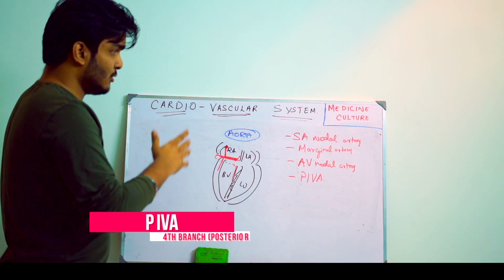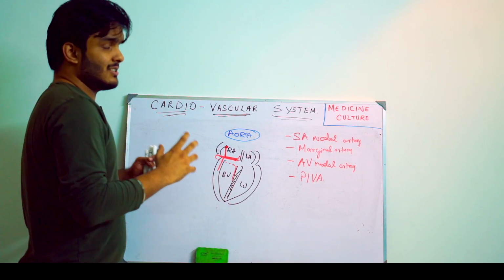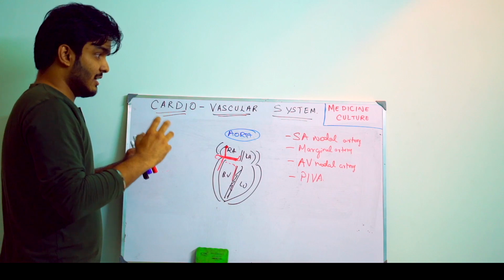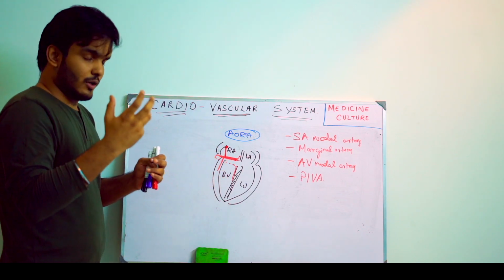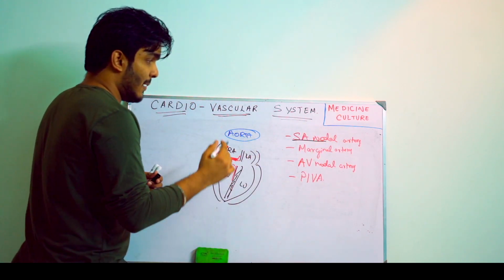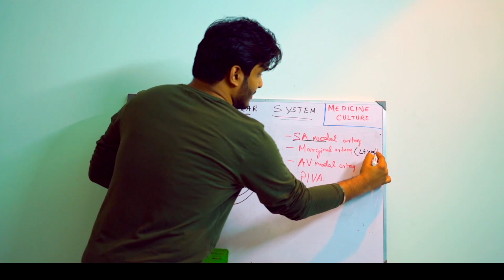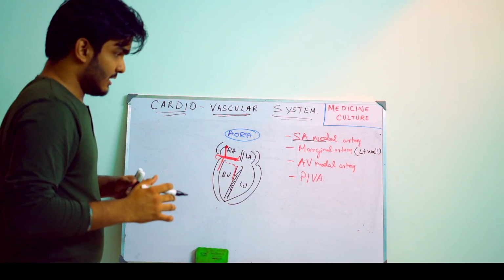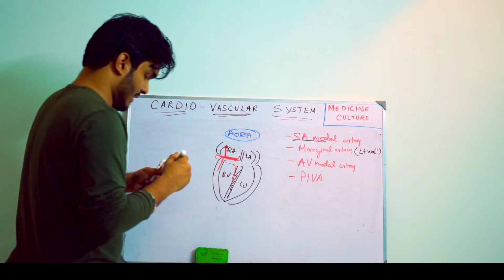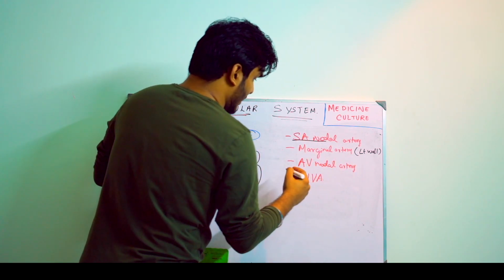Now, which structures do these supply? We need to know this fact. The SA nodal artery, as the name says, supplies the SA node. The marginal artery supplies the lateral wall of the right ventricle. The AV nodal artery supplies the AV node, as the name says.